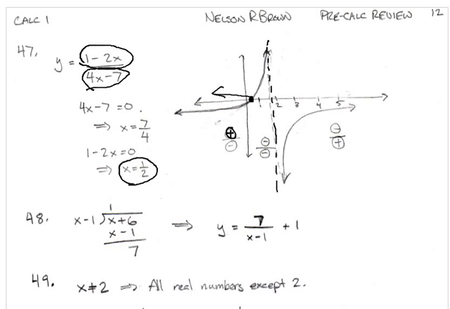On the bottom, 4x minus 7 is always going to be negative for x less than 1/2.